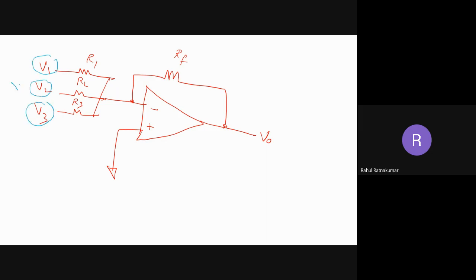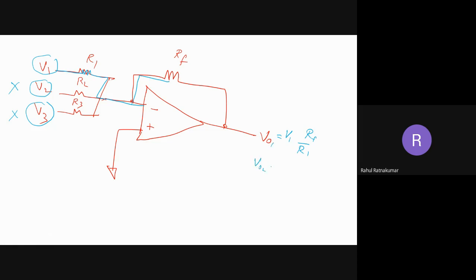That means we can assume V2 is not there, V3 is not there, and calculate the output using V1 only. So the output will be minus V1 into RF divided by R1, right? This is VO1.